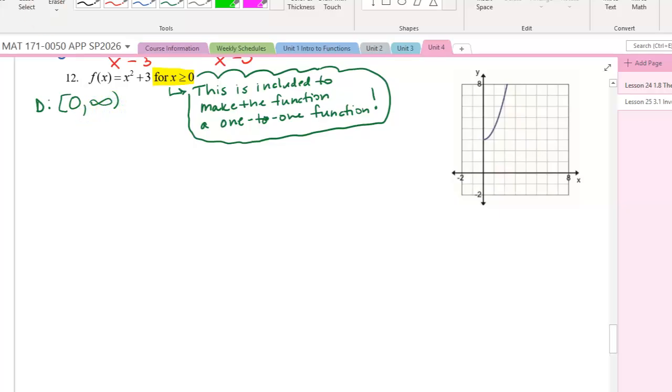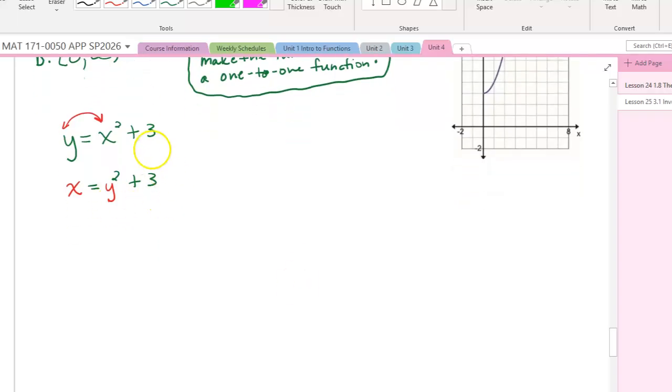All right, so now let's find the inverse of this function. So remember, we take the function and we replace f of x with y. Then we interchange the x's and y's. So we'll have x is equal to y squared plus 3.